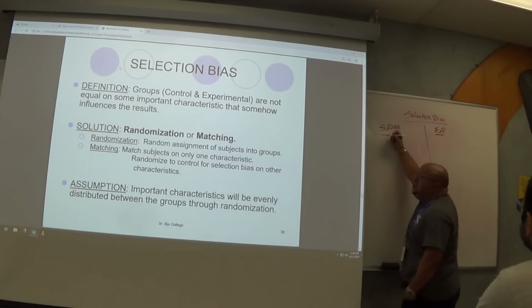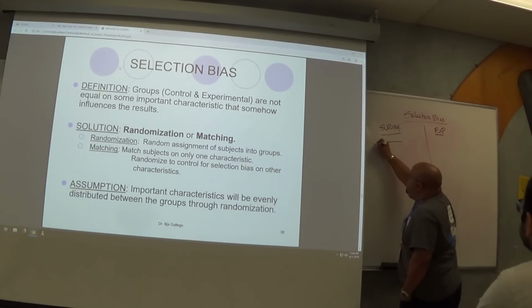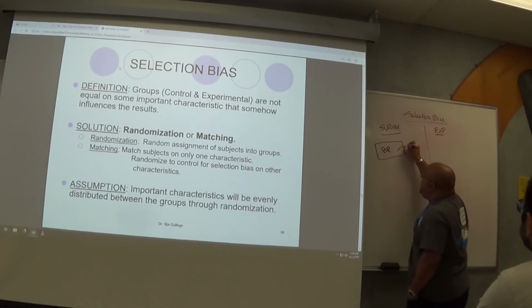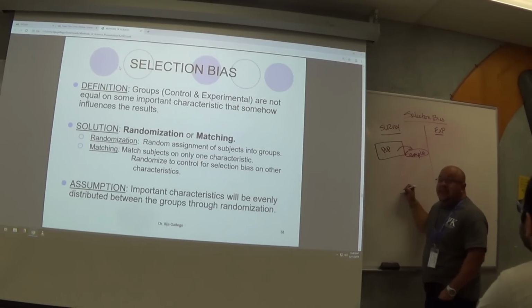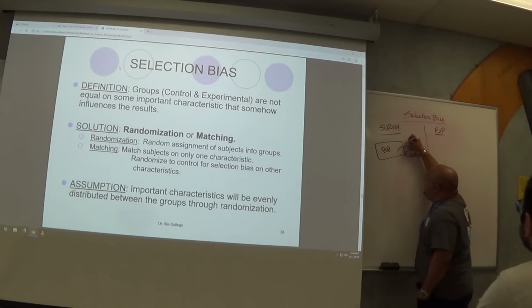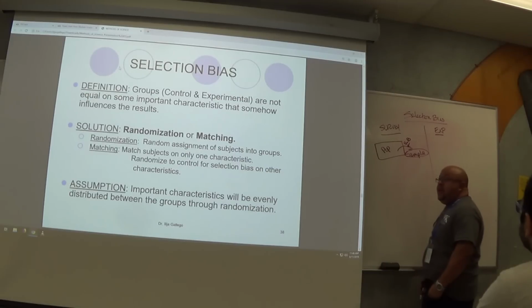All right, so in a survey, we have a population of people, right? And we take from the population a sample that's going to be in our study. Selection bias here in a survey happens right here, right there, how I pick a sample from the population.